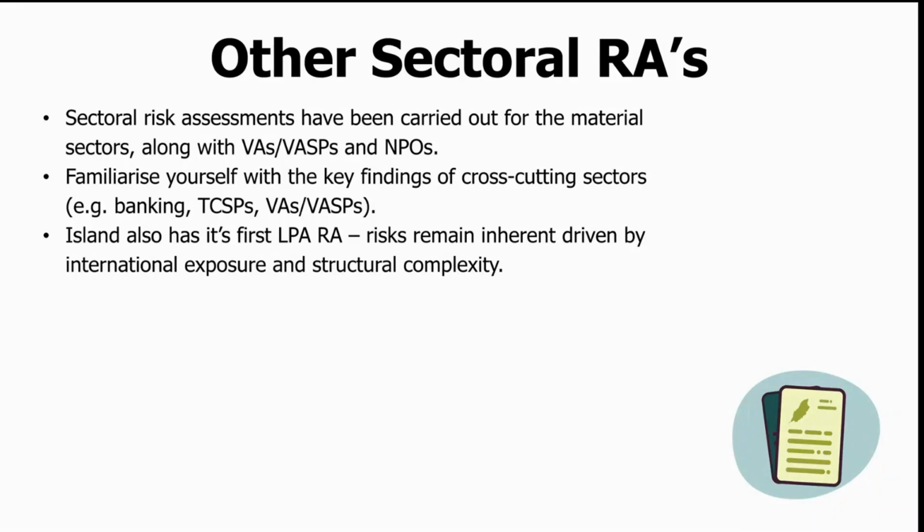And in terms of our supervisory priorities, my colleagues will touch on those from their separate divisions in a moment. There are also other sectoral risk assessments for the other material sectors, being banking and TCSPs. There's also an insurance one. We also have a new virtual assets risk assessment.